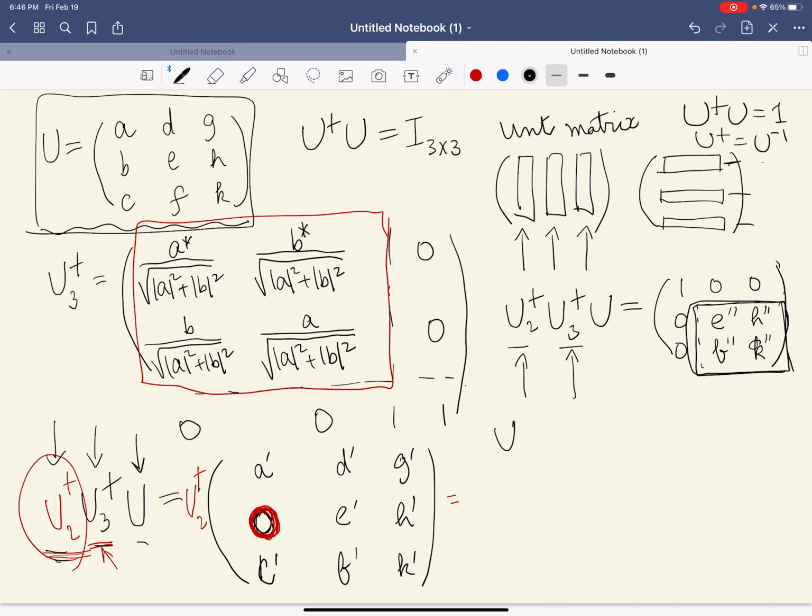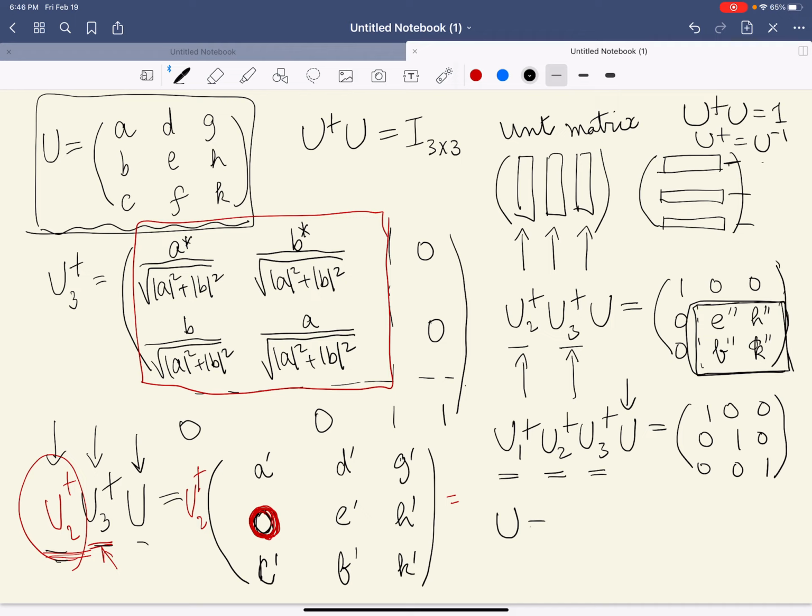And by multiplying such a U1 dagger to the left, I will finally accomplish the full diagonalization of the original U matrix into the unit matrix. Okay? And lo and behold, each one of these unitary matrices U1, U2, U3 is basically a two-dimensional unitary matrix. Okay?